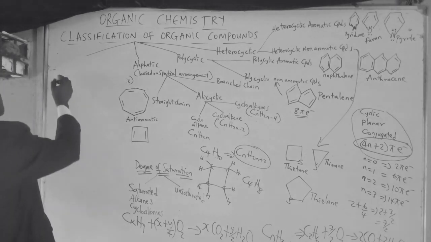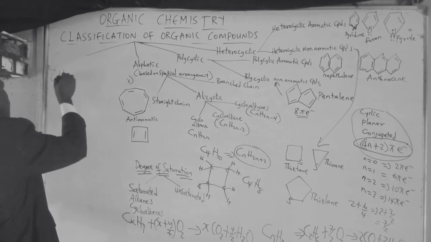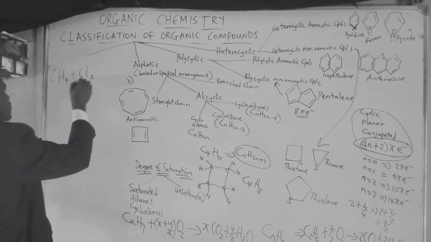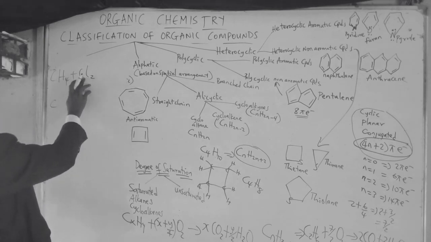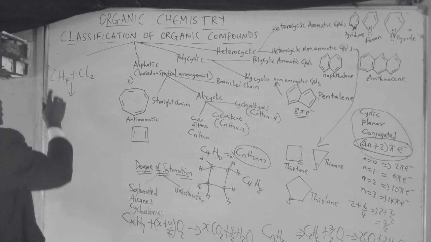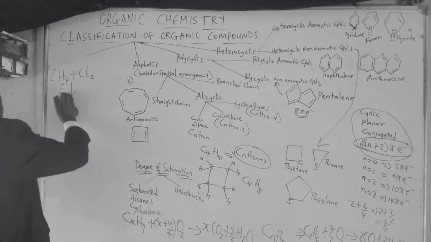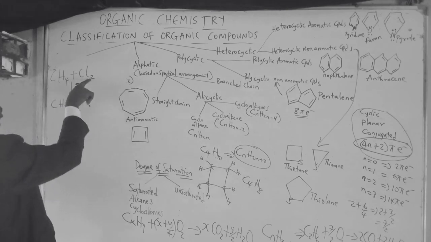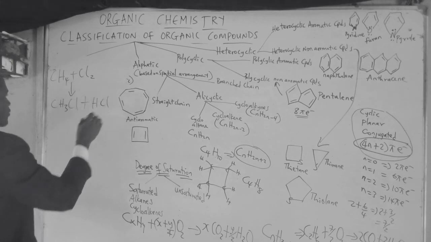So now, when CH4, for instance methane, reacts with chlorine, it will give us what? One chlorine will replace one hydrogen atom. It will give us CH3Cl plus HCl.